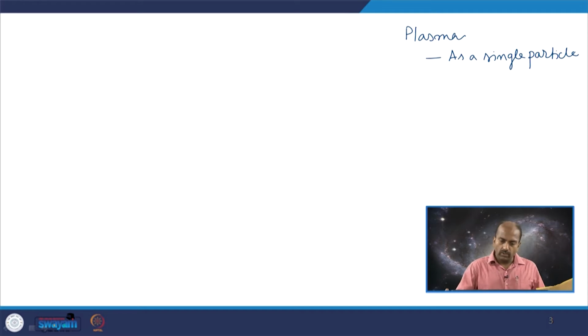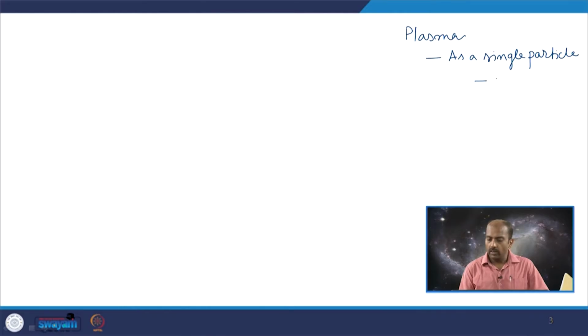In today's class, we will continue the discussion of single particle motion in various different types of fields. To begin with, we have considered plasma movement in an isolated homogeneous static electric field, and then in an isolated homogeneous static magnetic field.